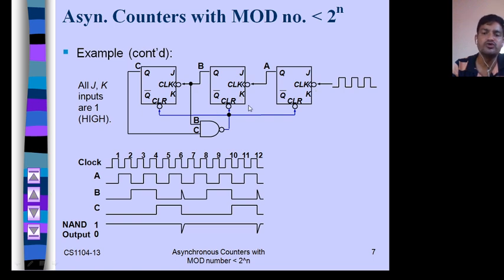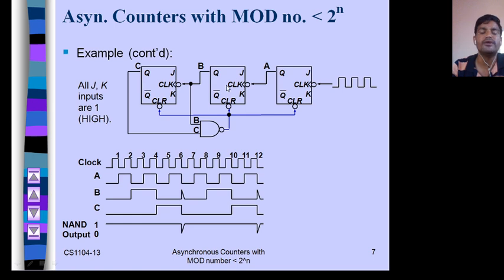Now it will go to 0 0 1. Again it is 0 0, so its output is 1, so it will not clear the flip-flop. Then 0 came, then 1, then 2. 2 means 0 1 0, and the NAND gate output is again 1, so the clear will not work.